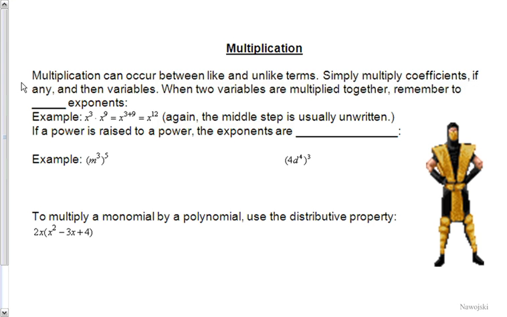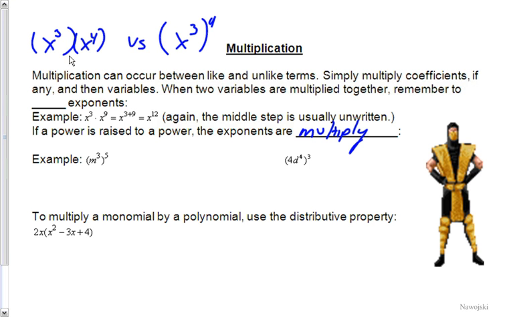If a power is raised to a power, though, that's when you're going to multiply. See, this is the difference: x to the third times x to the fourth versus x to the third to the fourth. This is a multiplication, you add: x to the seventh. This is a power to a power, you multiply: x to the 12th. That's the difference between them.